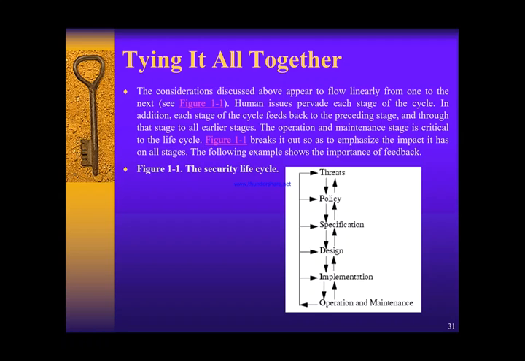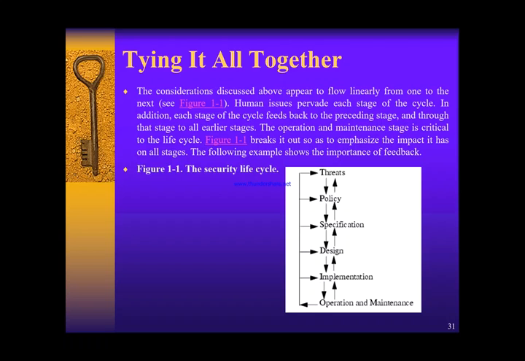Based on the specification, you will go for the design. Based on the design, next is implementation. Then operation and maintenance. In every part, operation and maintenance is the most difficult stage. So once it is proper, then again threats, policy, specification, design, implementation, and operation and maintenance. That is the security life cycle.